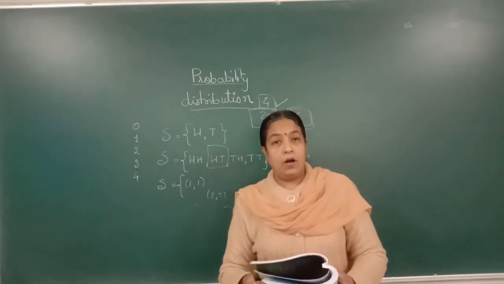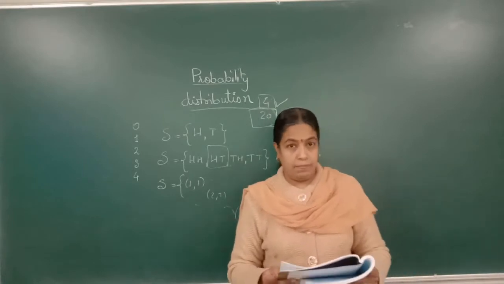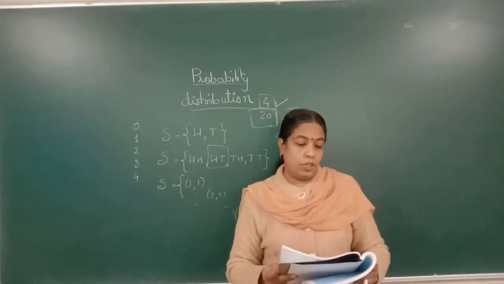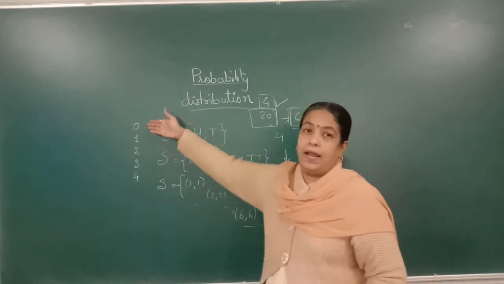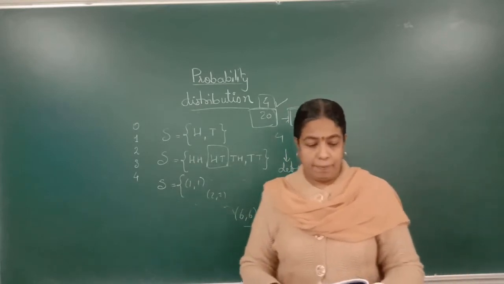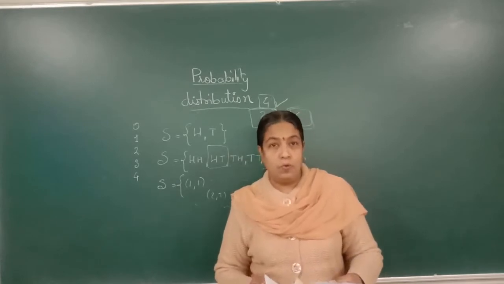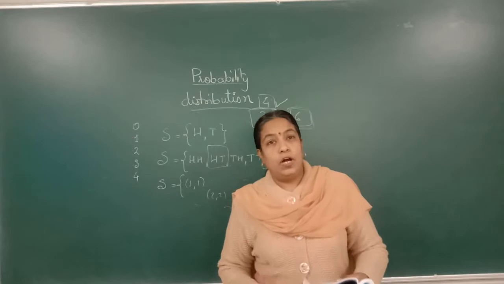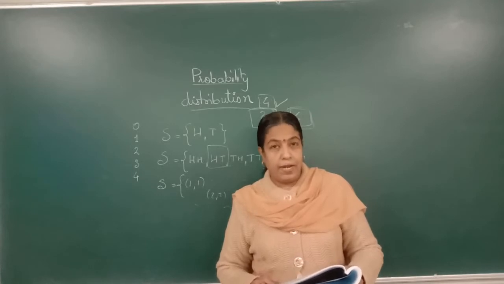Now, in all the above examples, there is a rule to assign a unique value to every possible outcome. Since this number can change from one outcome to another, it is a variable. Now, for each outcome you will get a different number, that is called a variable. Now, a random variable is formally defined as follows. A random variable is a real valued function defined on the sample space of a random experiment.